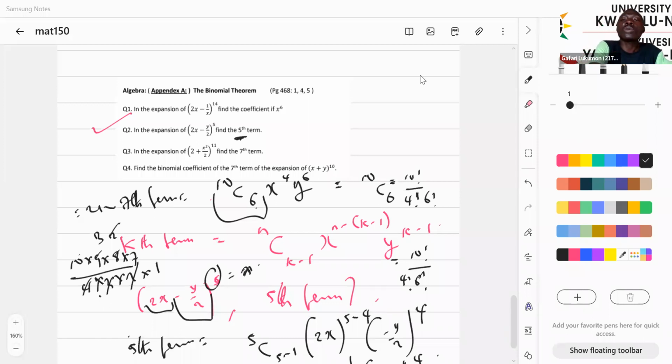Okay, we can use the same idea now to find the coefficient of s raised to power 6. How do you find the coefficient?